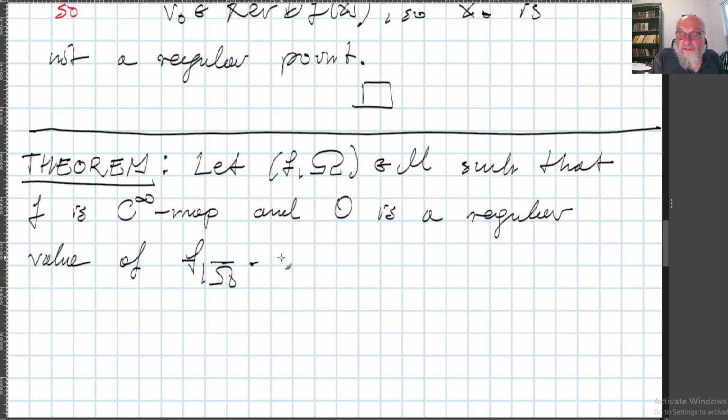Then we have that the set, the inverse image, f inverse of 0 in omega, is finite.